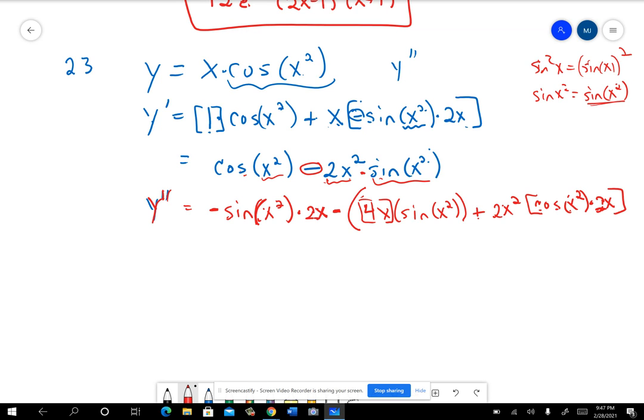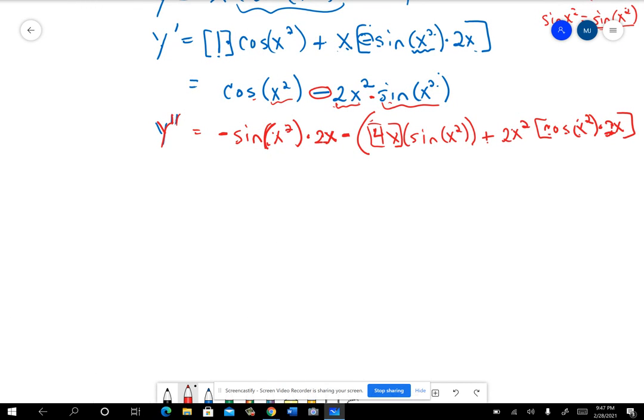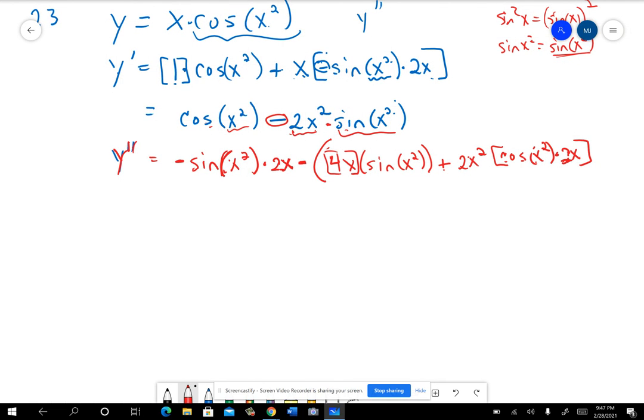All right, so now let's see what we got. Before I try to factor something out, I would just clean up a little bit. I would write minus sine x squared times 2x as minus 2x sine of x squared. Then here I'm distributing the negative and cleaning these up.